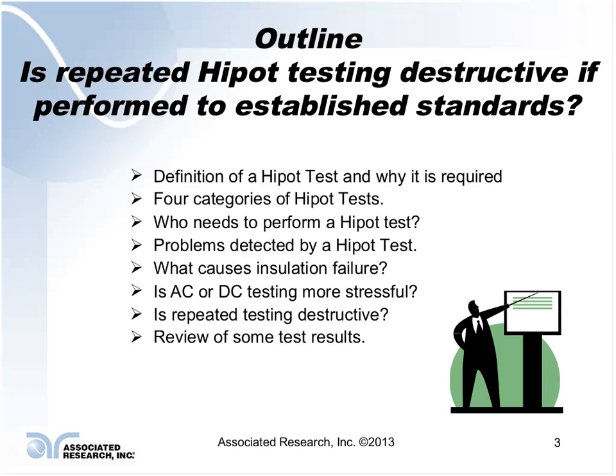Let me run through the outline real quick. We're going to talk about trying to define what a Hipot test is and why it's required. We're going to review essentially 4 categories of Hipot test: what they are, why they're performed, and what their application is. Who actually needs to perform a Hipot test?